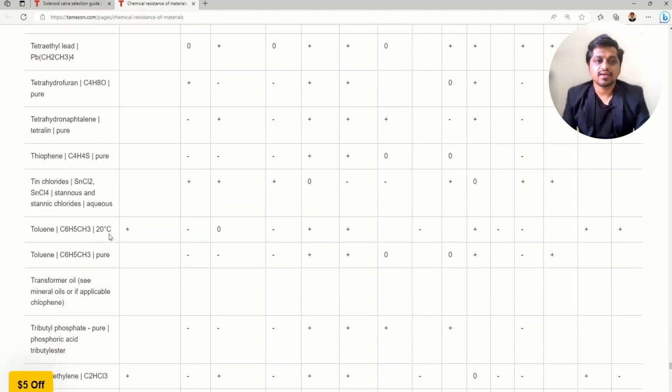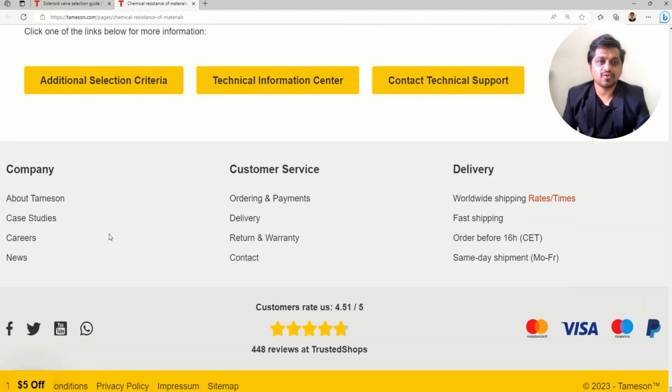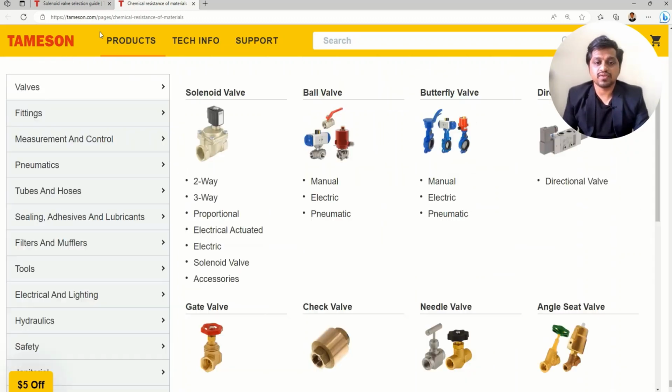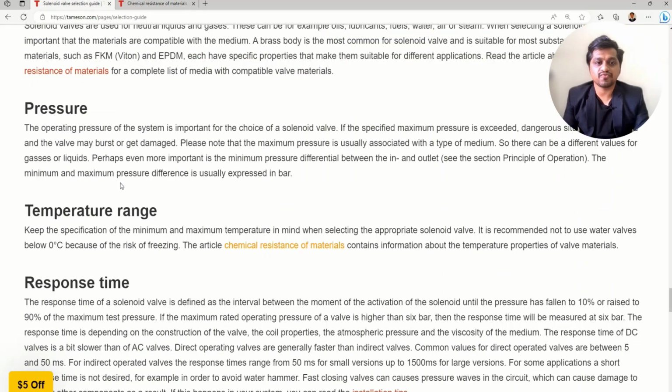So many materials are listed over here. Wood tar or wood oil is also given, so you can check which body material and which seal material is suitable for these things, because each one has a different density, different viscosity, and different chemical properties, right?